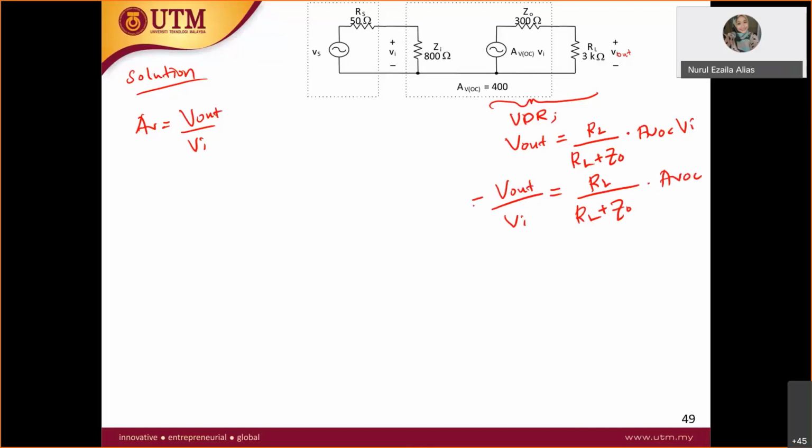Doesn't this equal AV? Yes, it is. So calculate RL over RL plus Z out: 3K over 3K plus 300, and AVOC is 400. Therefore you will get the value here.